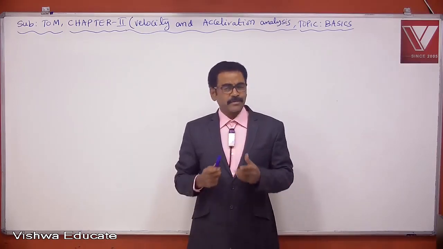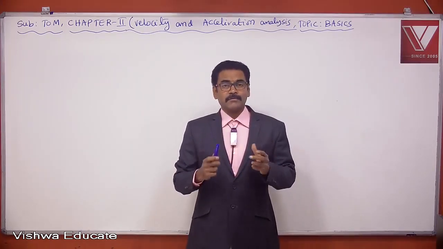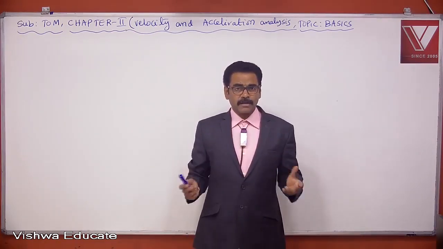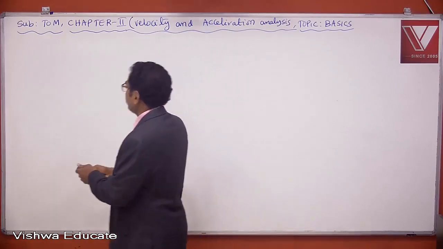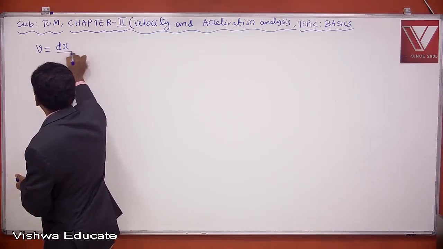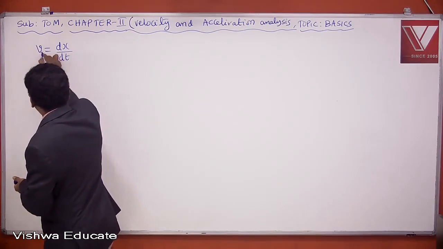All of you may know what is velocity. What is linear velocity? Rate of change of linear displacement is called velocity, right? So linear velocity V is equal to dx by dt, or I may put suffix x here.